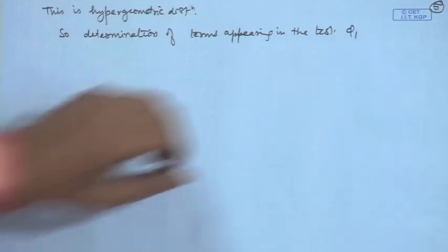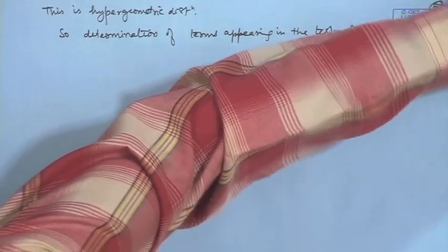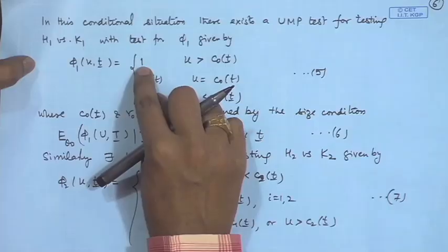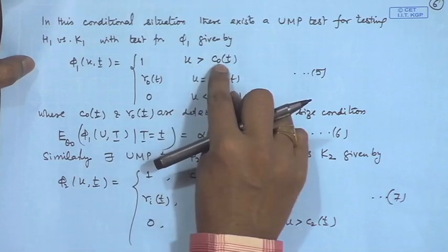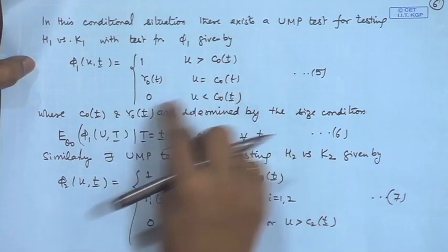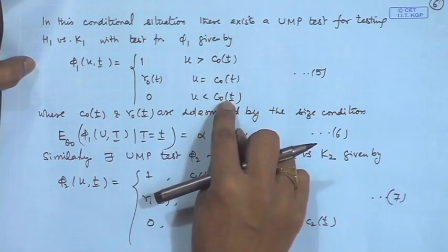phi 1. So, let me take up the previous lecture slide. We have given the exact form there in theorem 2. The form of phi 1 is 1 if u is greater than or equal to c naught, it is gamma naught if u is equal to c naught, and 0 if u is less than c naught.